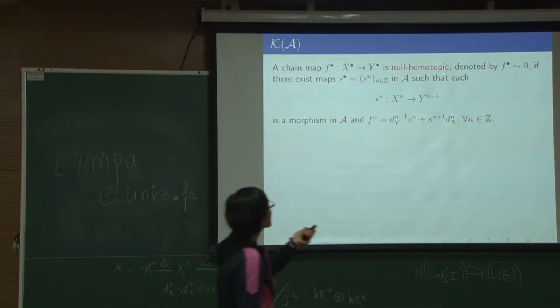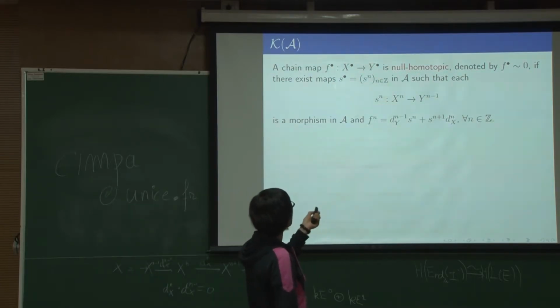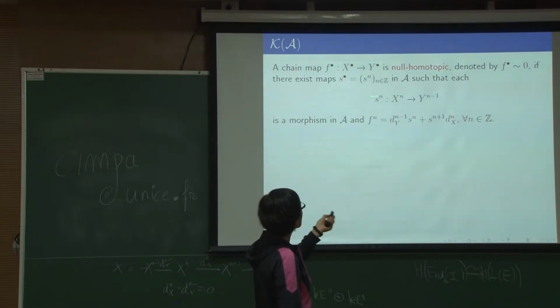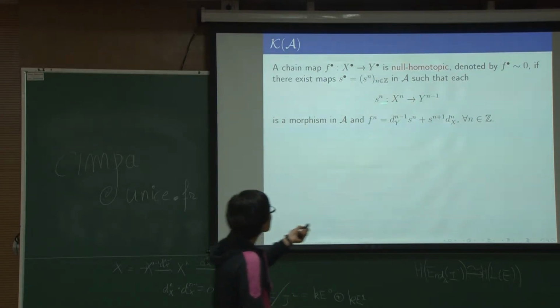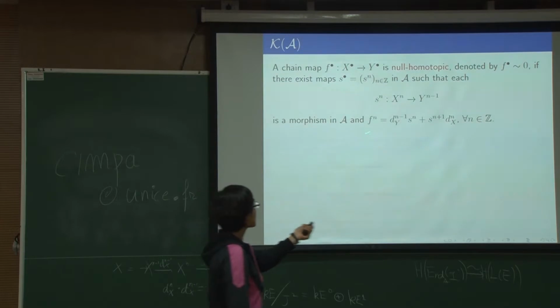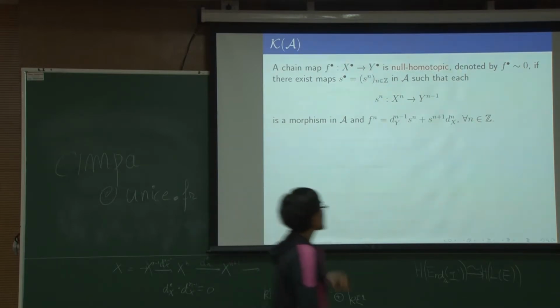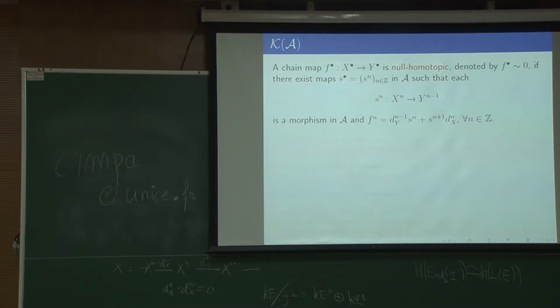It is called null-homotopic if there exist these maps in A such that this is satisfied. So I will draw a diagram here. Suppose we have a chain map from X to Y. So X is this. We know here we have differentials. For Y, we have similar.